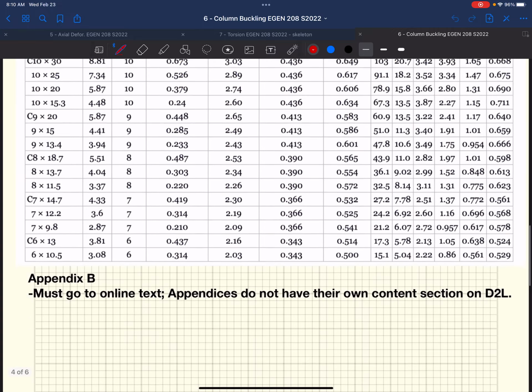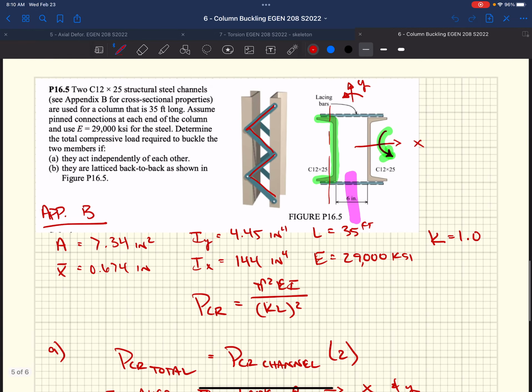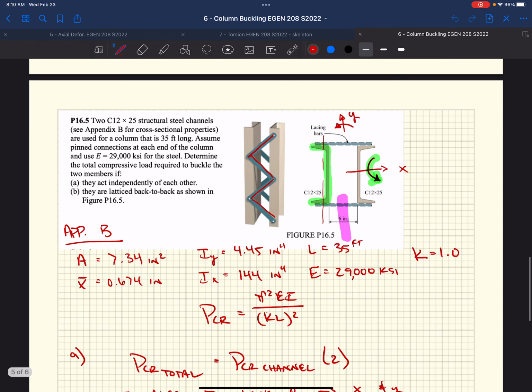When we went through our example, these two channels that were sitting next to each other, they could buckle vertically. That'd be essentially taking this column and it would be moving in and out of the page. And then they could buckle side to side, and when they buckle side to side, they've got to bend.